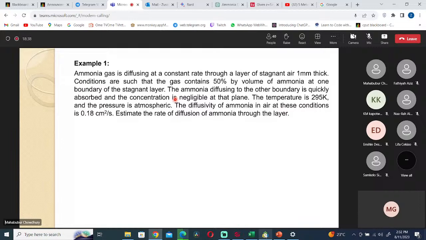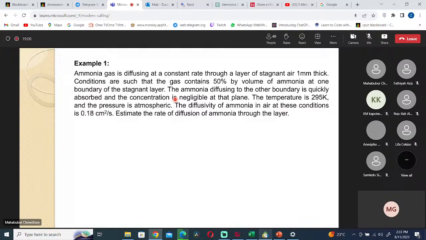But utilizing these relationships, we can actually... guys, are we on the right track? We can utilize the total pressure, and we know there's 50% ammonia by volume, so we know the fraction. By utilizing those relationships, we can calculate the partial pressure.